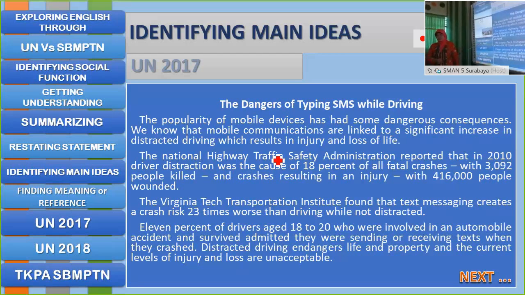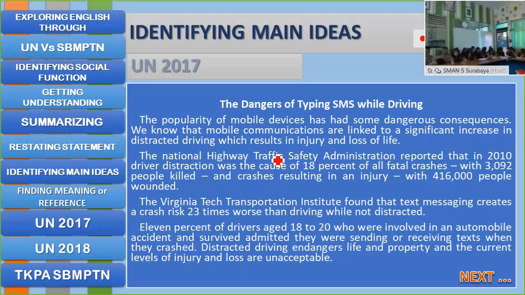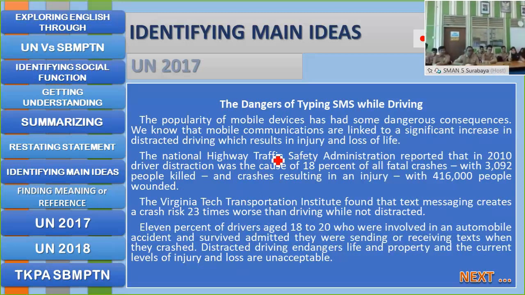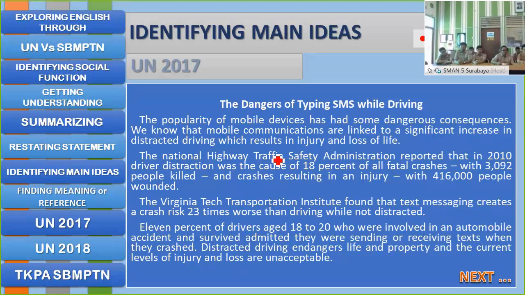The dangers. Do you agree that typing while driving is dangerous? Yes. But I think that many people still do. So the dangerous consequences are already stated here.